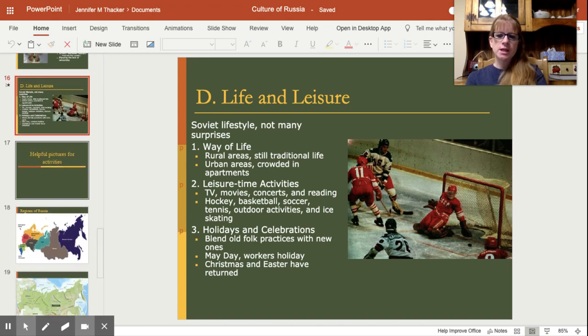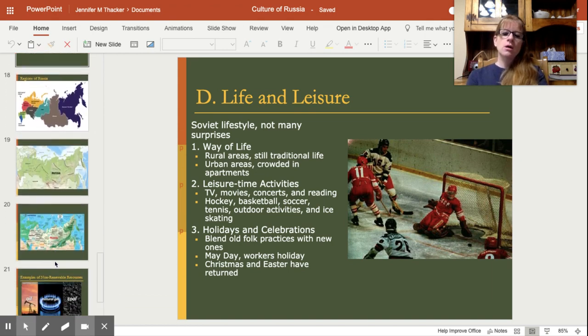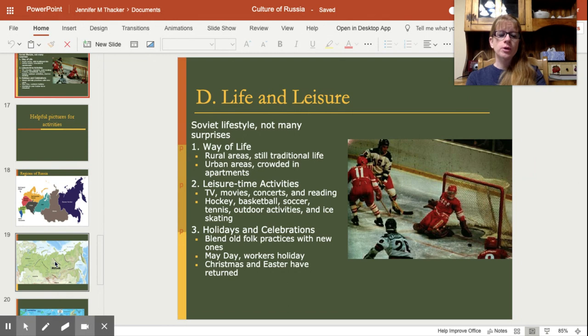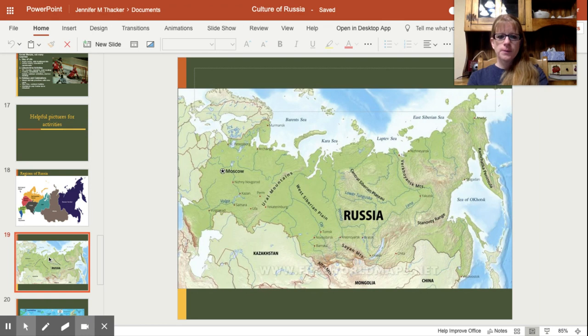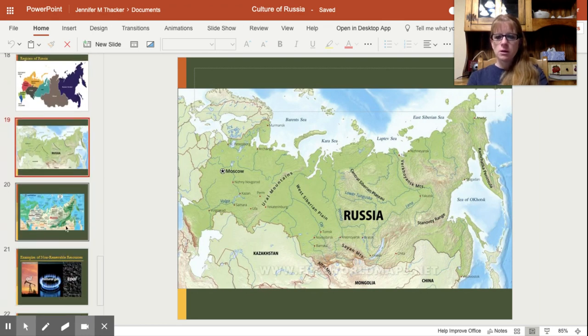Okay, these next few slides are pictures that are going to help you with your interactive notebook activities. I would leave this open or just open up the slides, not the video, so that you can use the maps here.